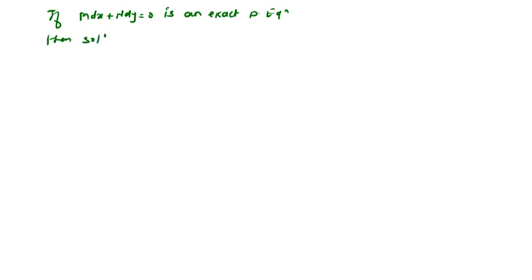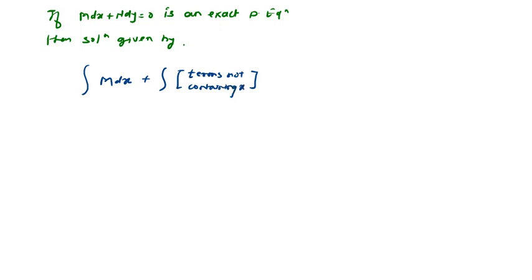Then how will the solution be given? The solution will be integration of M dx plus integration of the terms not containing x into dy equal to constant. Here x will be variable and y will be constant.